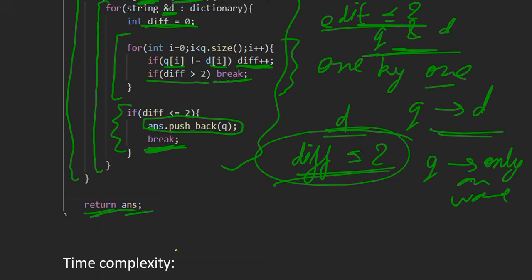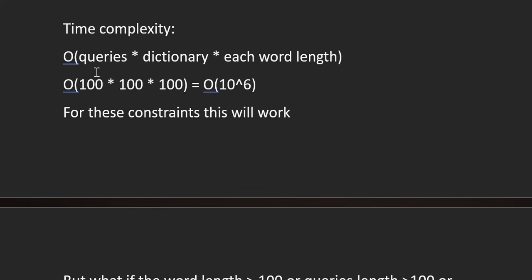So the time complexity of this approach: we are taking all the words from the queries array, then comparing each word with all the words in the dictionary array, and then comparing character-wise. The number of queries is 100, the number of words in the dictionary is also 100, and each word can have a length of 100 only.